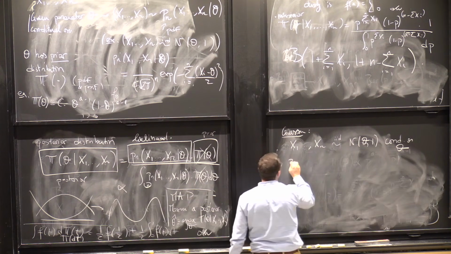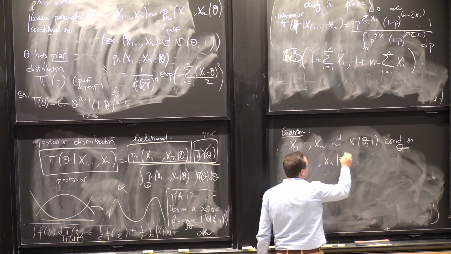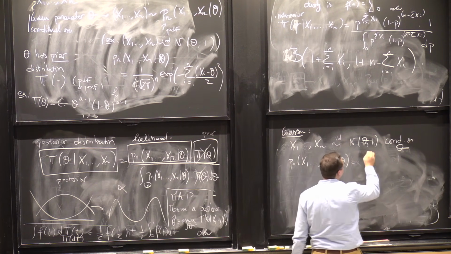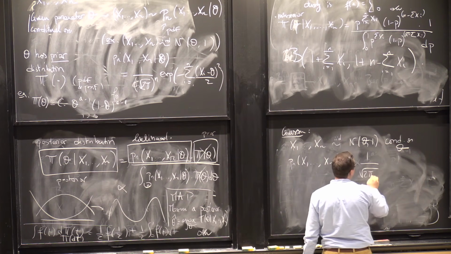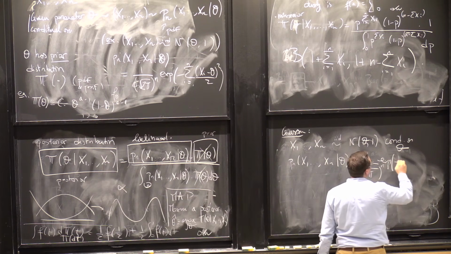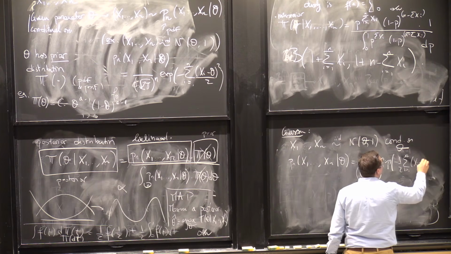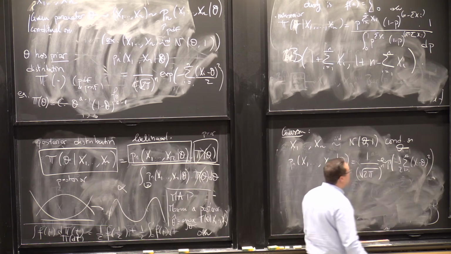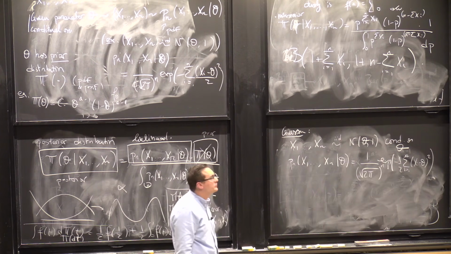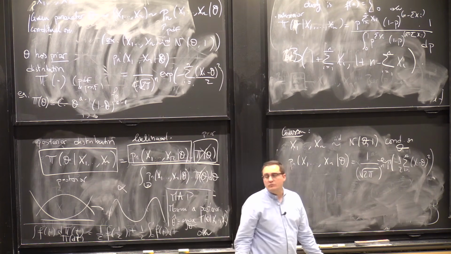OK, so that means that the density of X1, ..., Xn given theta is equal to, well, exactly what I wrote before: 1 over square root 2 pi to the n, times exponential of minus 1/2 sum of (xi minus theta) squared. OK, so that's just the joint distribution of my n Gaussians with mean theta. And now the question is, what is the posterior distribution?